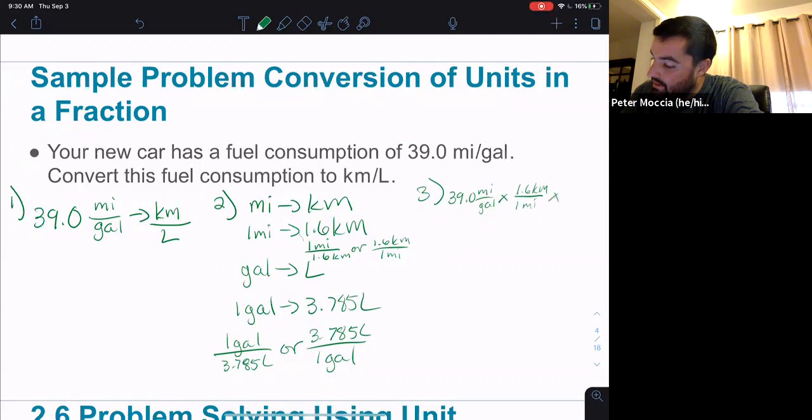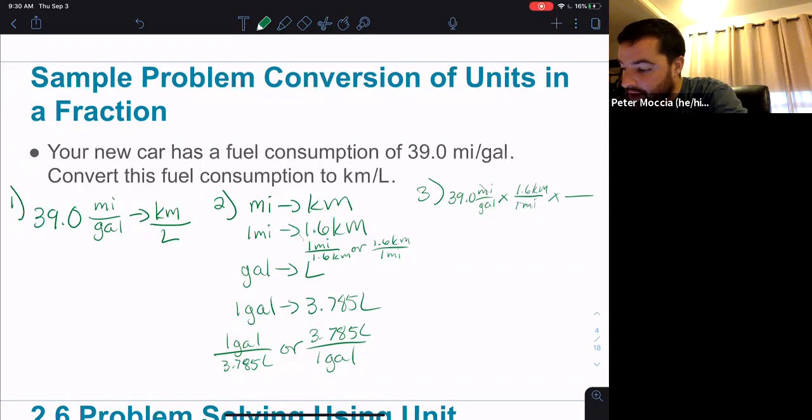Now, this is going to cancel out miles and leave me with kilometers. Now I want to cancel out gallons too. It's on the bottom, so I got to choose the conversion factor with gallons on the top. So I'm going to do 1 gallon over 3.785 liters. Okay, so then I'm going to get 39.0.